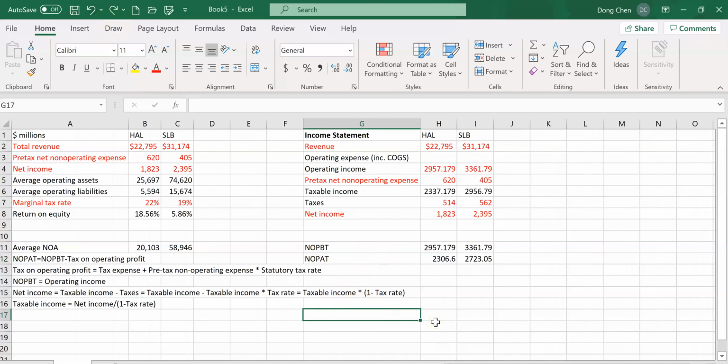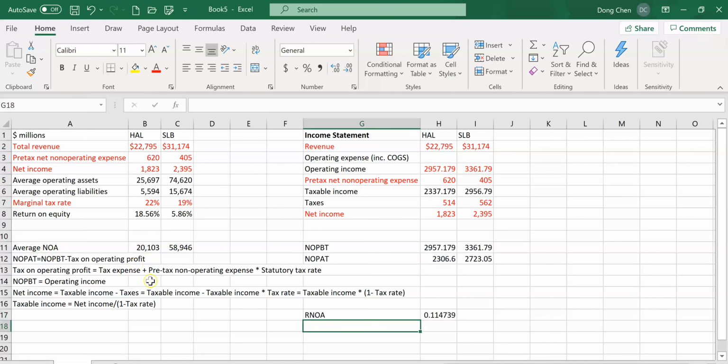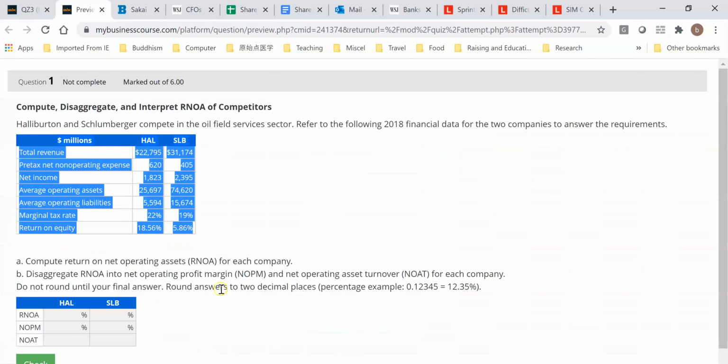So now we can calculate the return on net operating assets, RNOA. Basically, that's NOPAT divided by average net operating assets. Pay attention to the rounding requirement and also notice RNOA for both companies is in percentage terms, rounded to 2 decimal places.